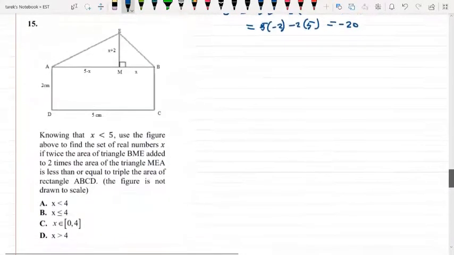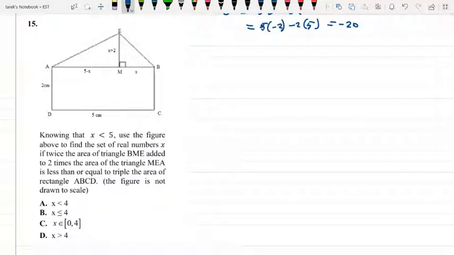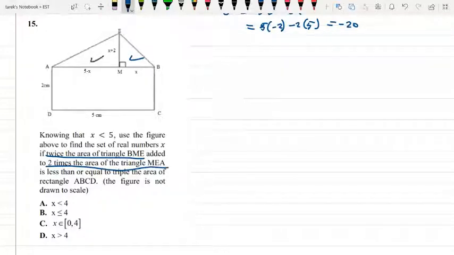Knowing that x is less than 5, use the figure above to find the set of real numbers x if twice the area of the triangle BME, this one, added to 2 times the area of the triangle MEA, is less than or equal to the area of the rectangle ABCD times 3.